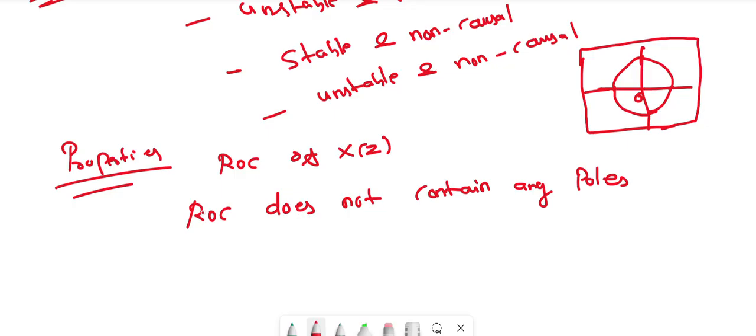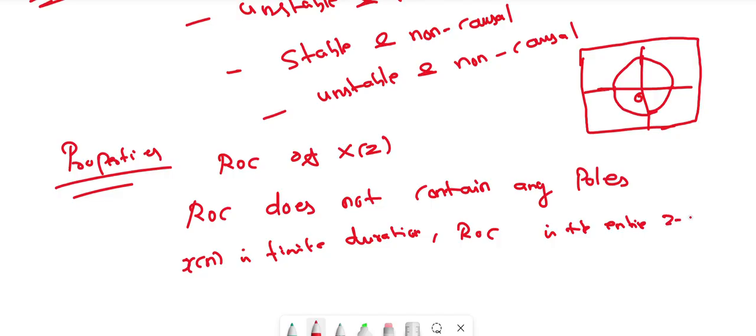Normally we know that if x of n is of finite duration, then the ROC is the entire z plane, except for the possible conditions z equal to 0 and or z equal to infinity.